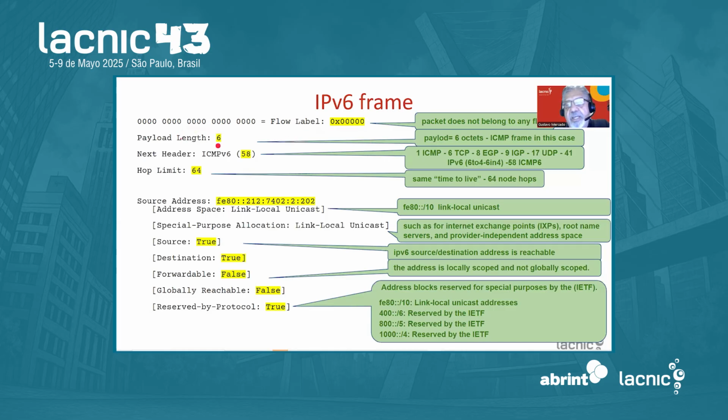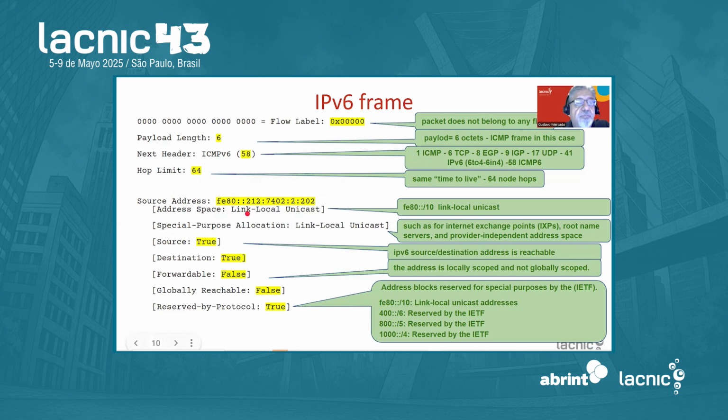The payload length is 6 in IPv6, and the next header is ICMPv6, 58, and here, for instance, TCP and IGP. Hop limit is 64, and let's see the source address.